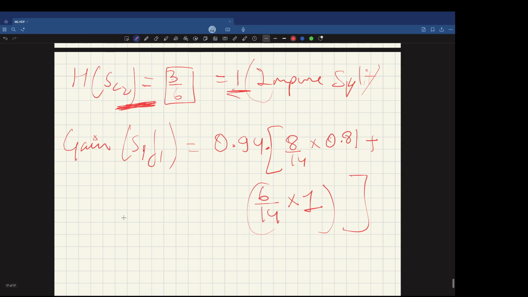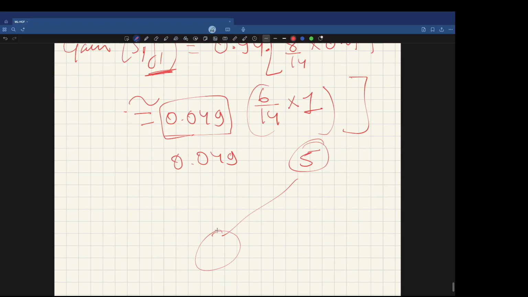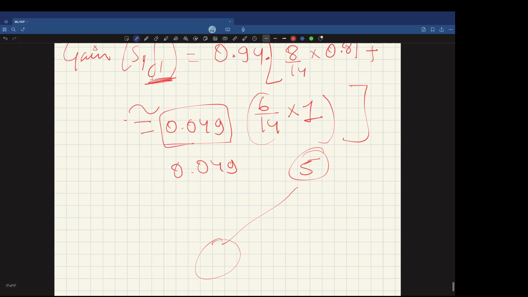So if you calculate, from my notes the value is around 0.049. You can check it. If it is wrong, you can replace. Now we got the importance of that particular feature as 0.049. Let's say there are 5 features in your data set. Similarly we found gain for feature 1, no?